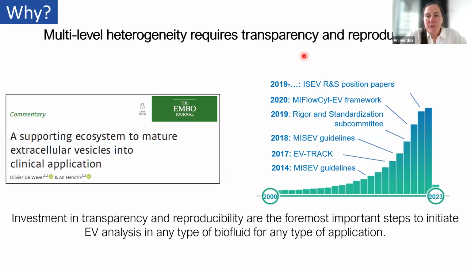So I think we are all very well aware that different initiatives have been made since then with the aim to really steer transparency and reproducibility in the extracellular vesicle research field.